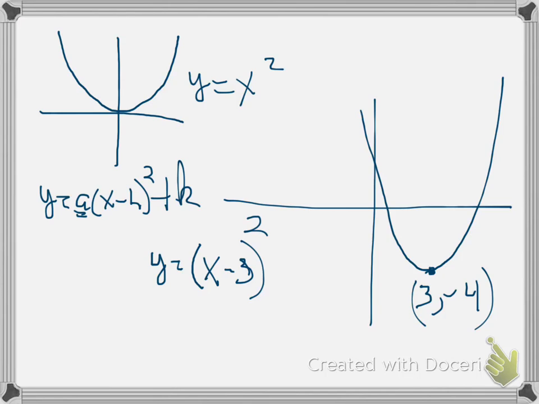We put that in parentheses and square it. And then it's plus k, and k is the y-coordinate, so it's plus -4. Now, if you really wanted to, you could go x minus 3 squared minus 4. Either one of those is acceptable. And I would say that if you could do this, you should be feeling pretty good about yourself.